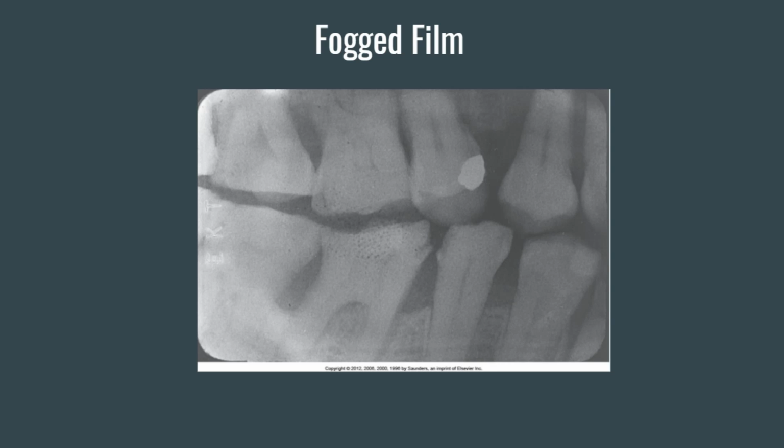Contaminated solutions. So if there's any dirt in the tanks, if maybe fixer got in with the developer, vice versa, if your solutions aren't strong enough or if they're contaminated by anything, it could lead to a fogged film. And then the developer solution was too hot. So if that developer temperature is not correct, it could lead to a fogged film.